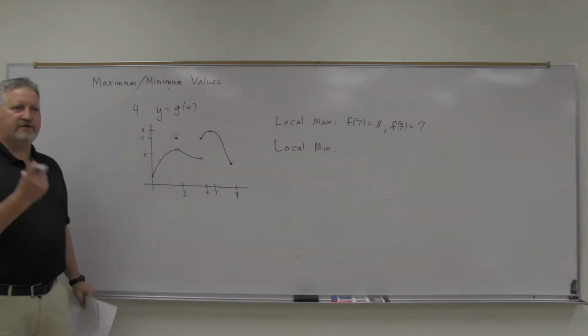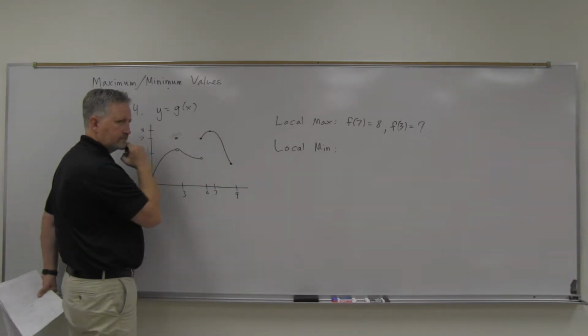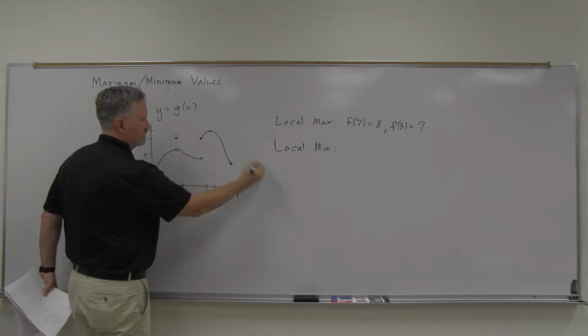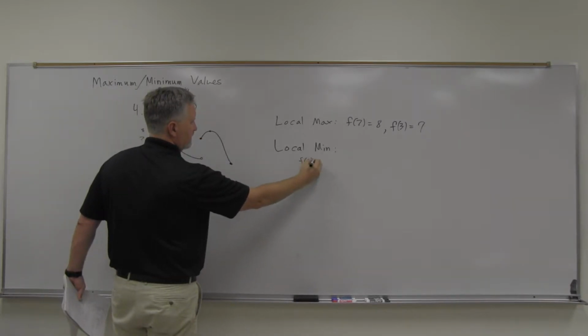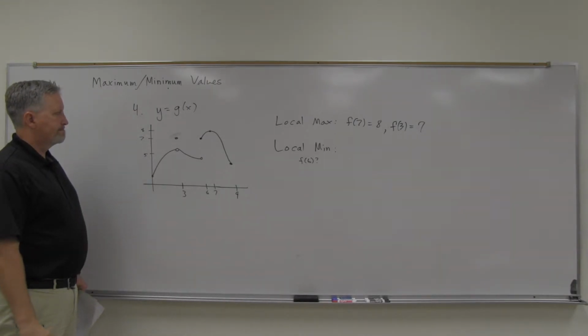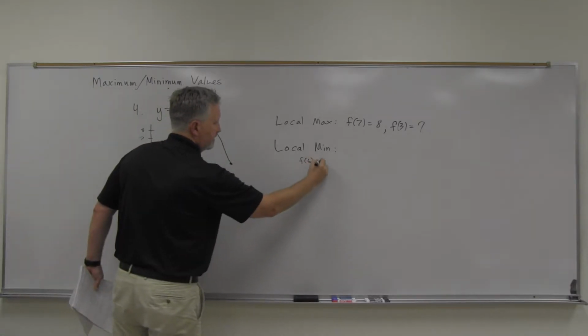Well, let's look at the discontinuity here first, right here at 6. Potentially, what about f of 6? Well, f of 6 is up here at 7, right? F of 6 is 7.